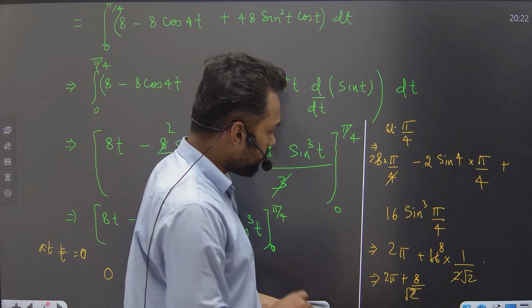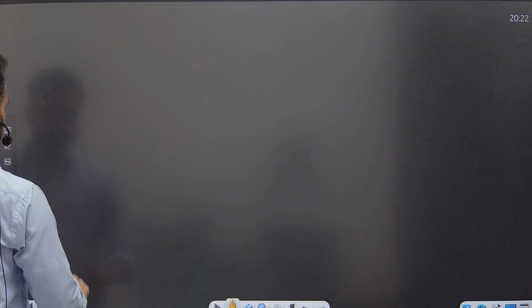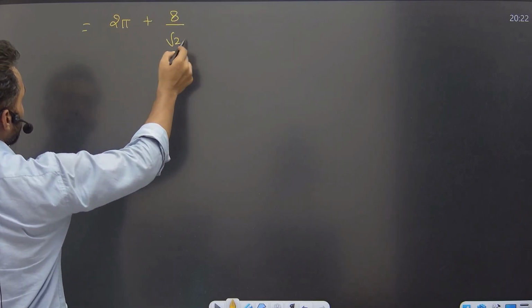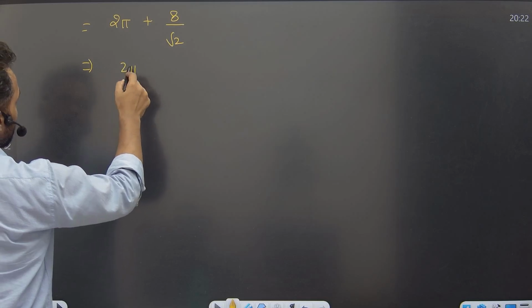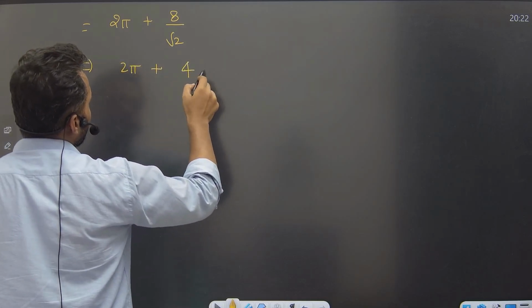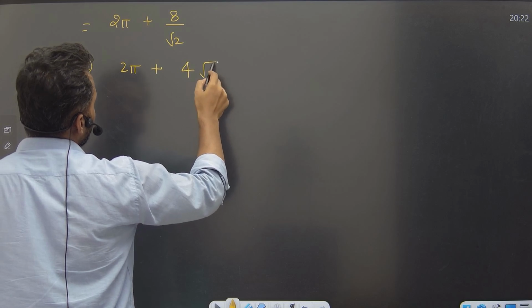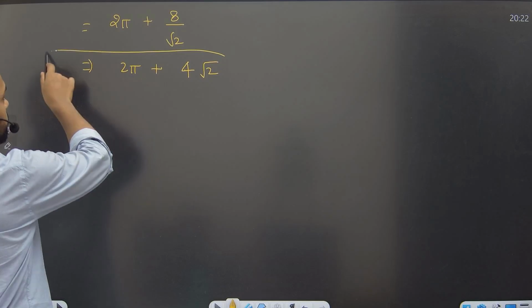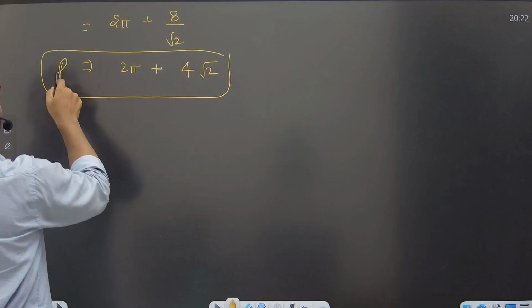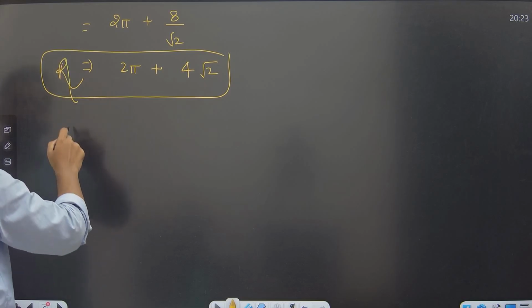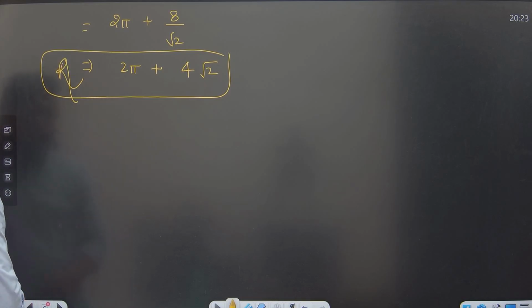On calculating it further, we can get 2 pi plus of 8 by root 2. It could be written 2 pi plus of 4 times of root 2. This is the area of the required region. Okay, 2 pi plus of 4 root 2.